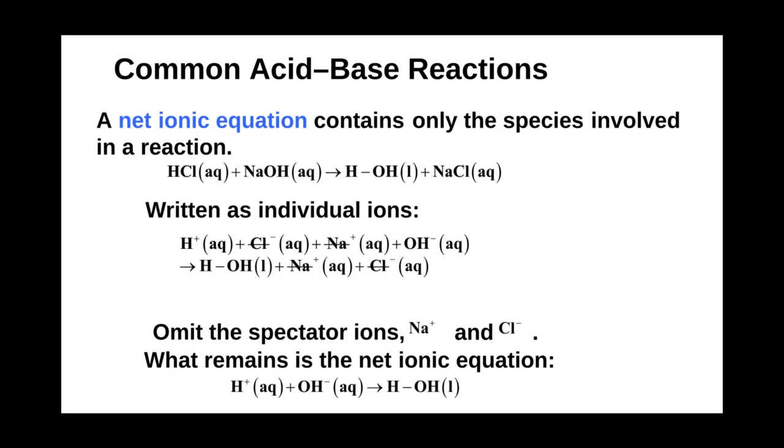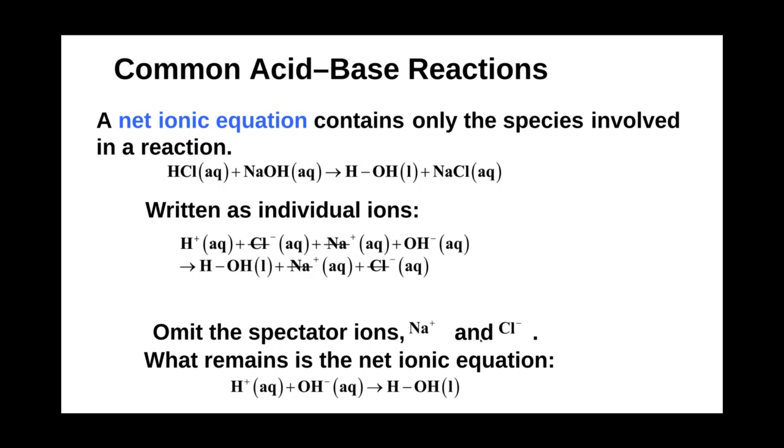Now, we don't need all this other stuff at the end of the day, because we know we have a hydrogen ion that's going to be produced, a chloride ion, a sodium ion, and a hydroxide ion. So we can simplify this by omitting what we call spectator ions.